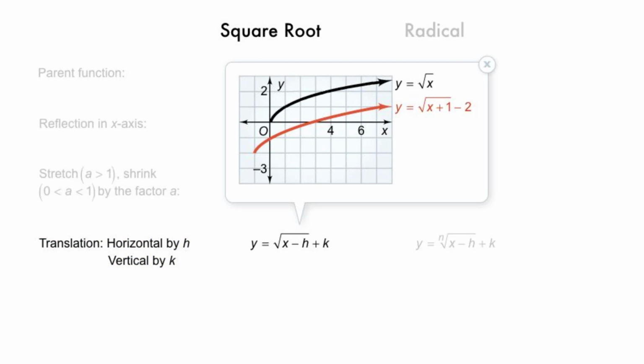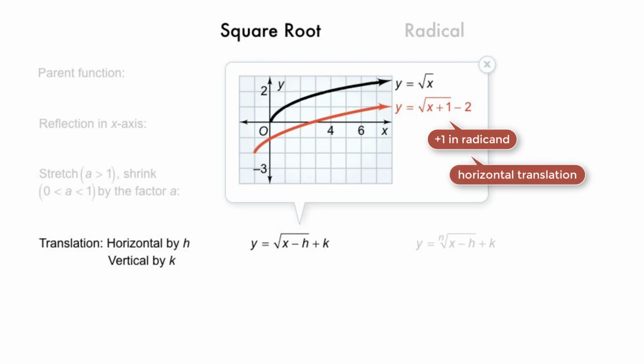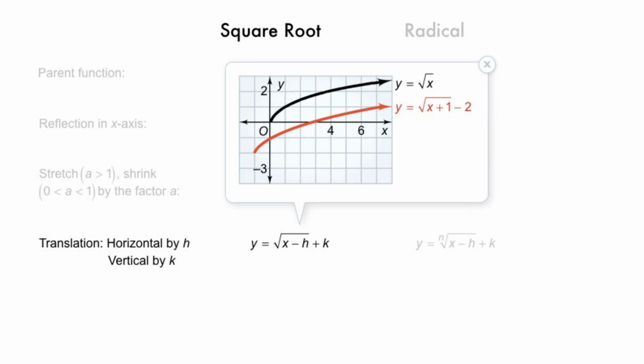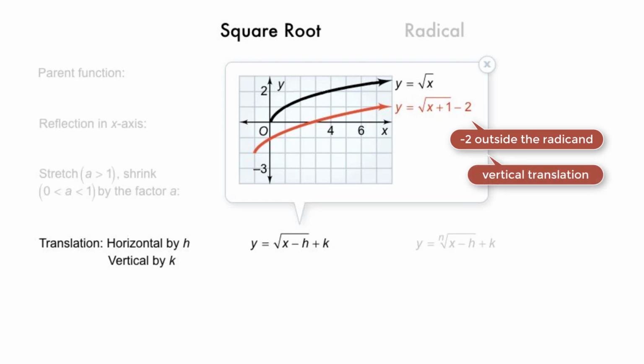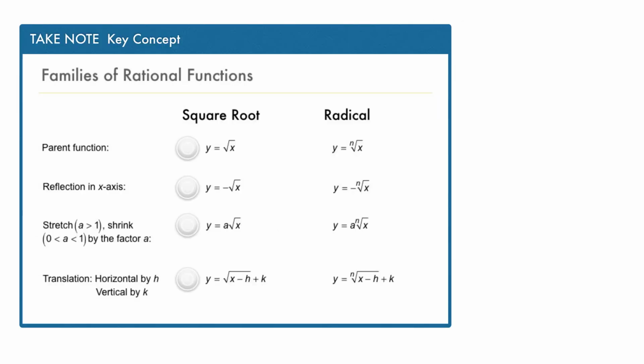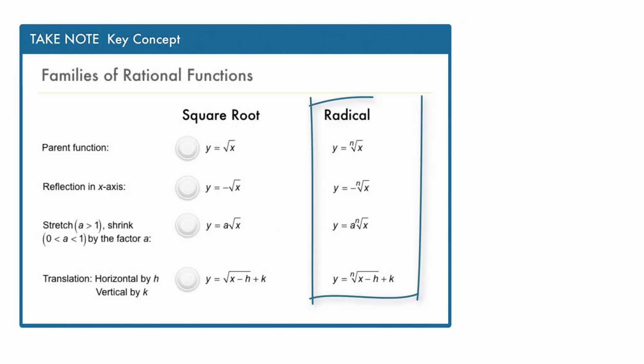And then in orange, y equals the square root of (x plus 1) minus 2: the plus 1 in the radicand alongside the x, the input values, causing a horizontal translation to the left 1 unit, and minus 2 outside the square root, causing a vertical translation down 2 units. Note that similar transformations occur in the family of radical functions.